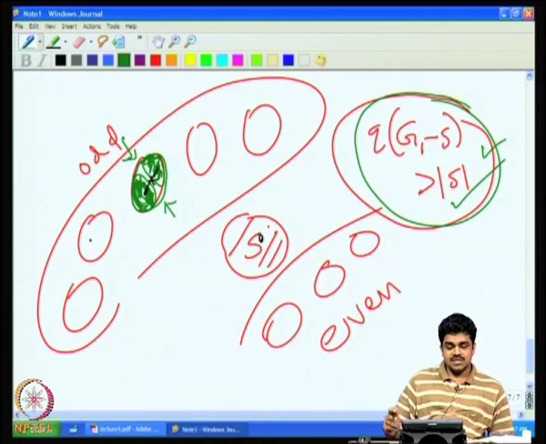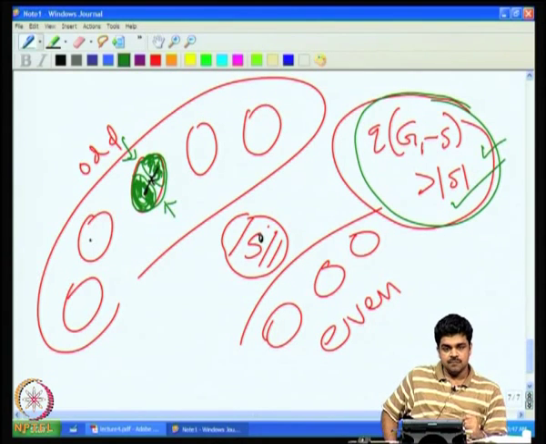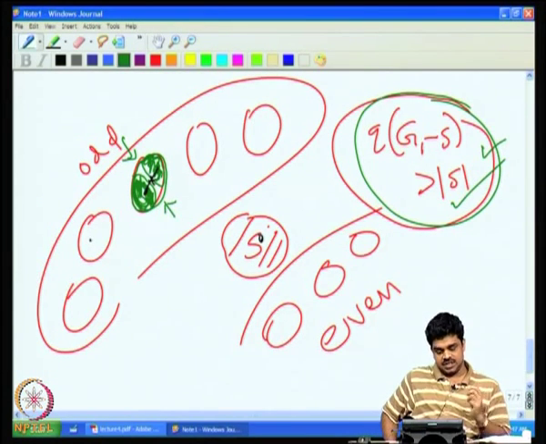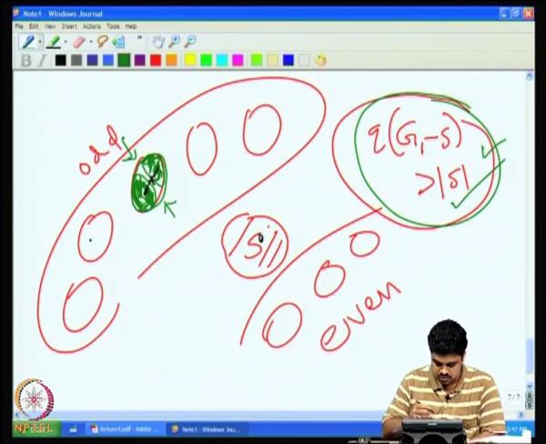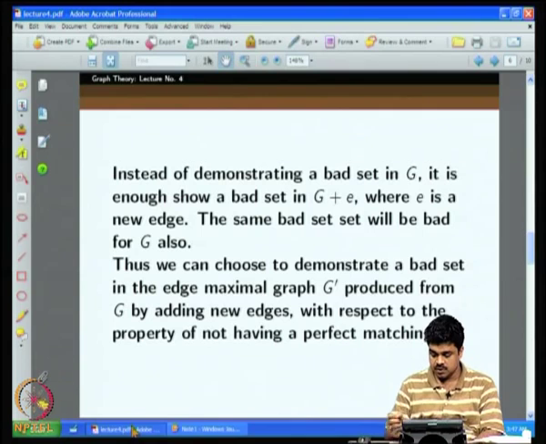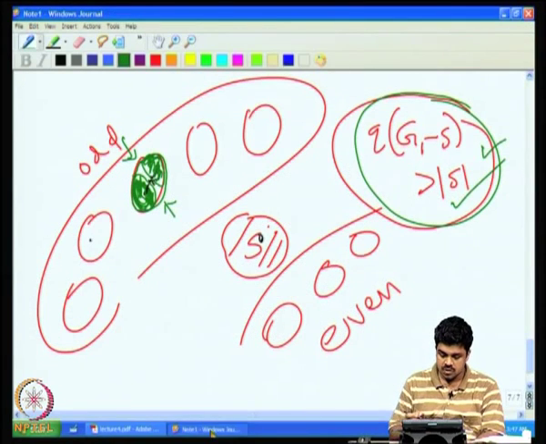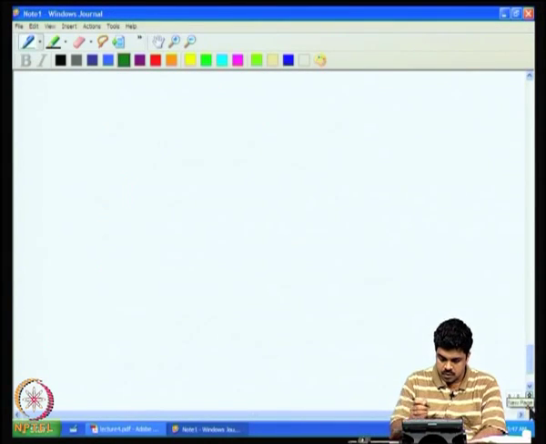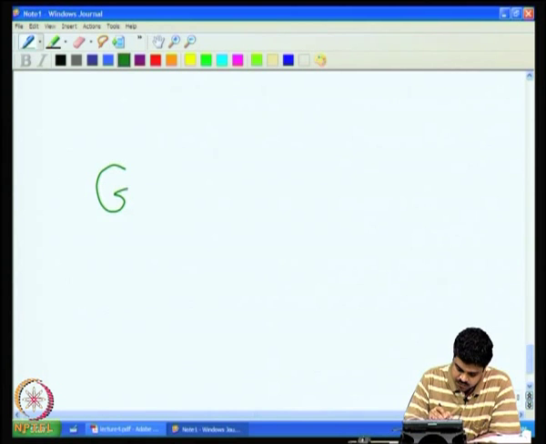The interesting thing is, if you can look at G plus E for a bad set, you could have looked at G plus one more edge, for instance. I will first start with G, add an edge to G and make G1.